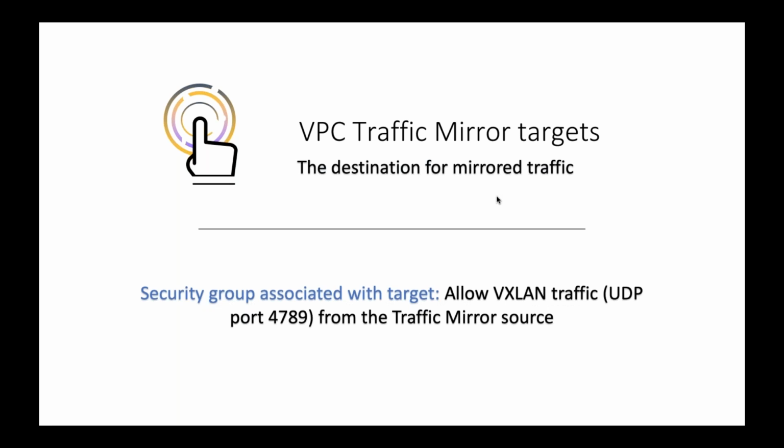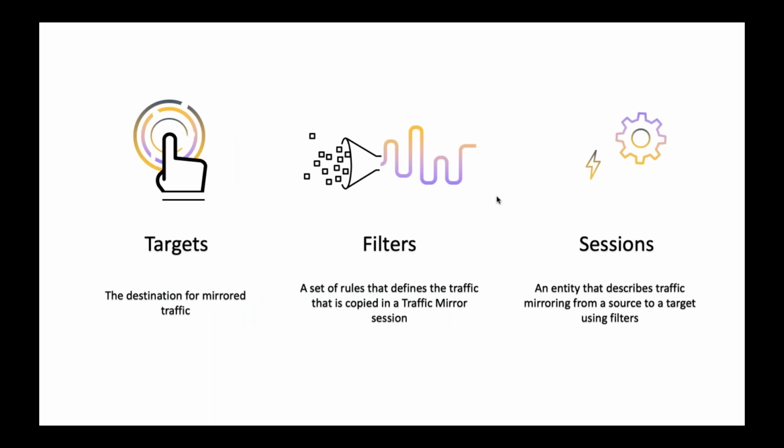A very important factor: the mirror traffic is VXLAN encapsulated. So on the target, you need to enable your security group to allow traffic on UDP port 4789, which is the UDP VXLAN port, which signifies a UDP packet with a VXLAN encapsulated header.